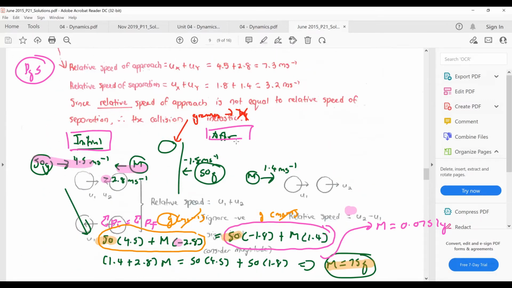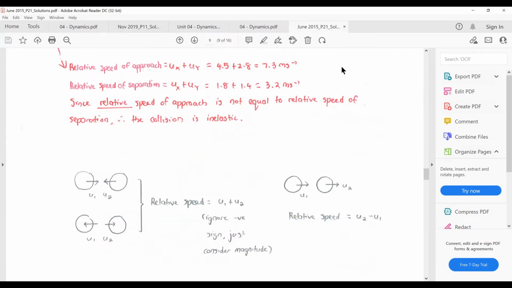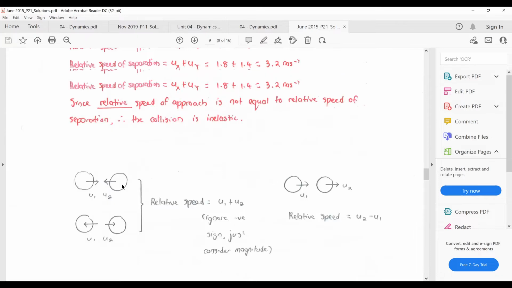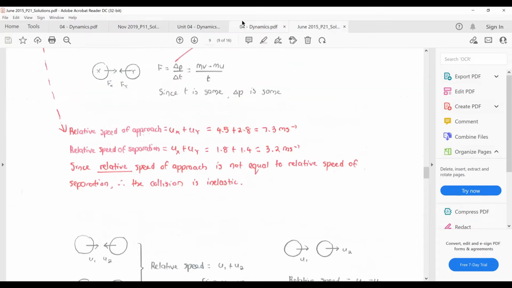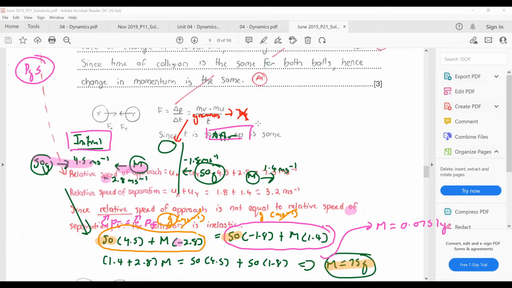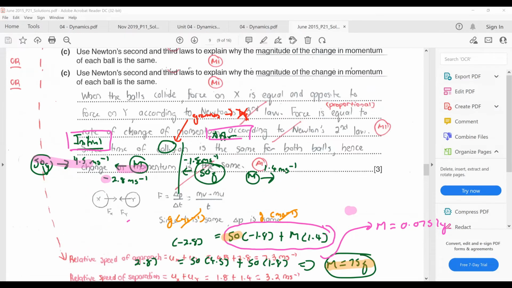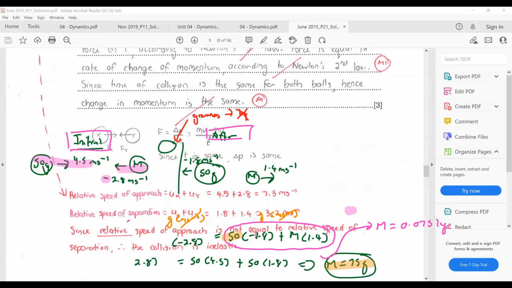Okay, so if you just look at this one here, I just change this. Now if I wanted to find the relative speed of approach, I can, just now I already did some simple diagram here. I'm just trying to match it.